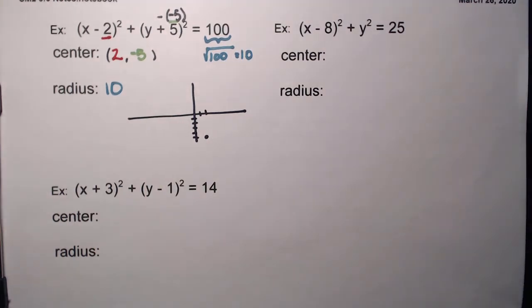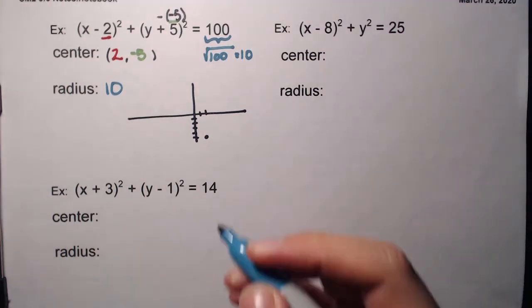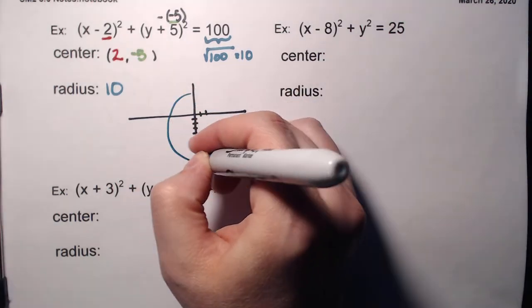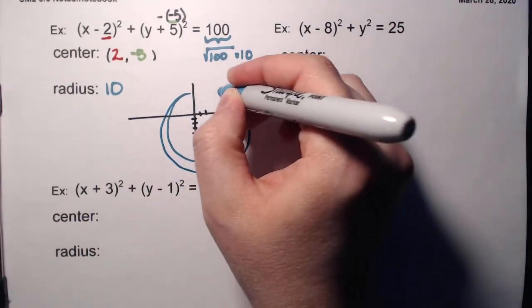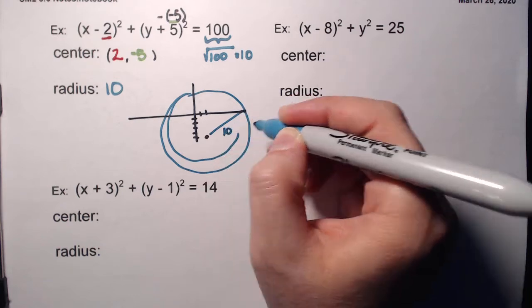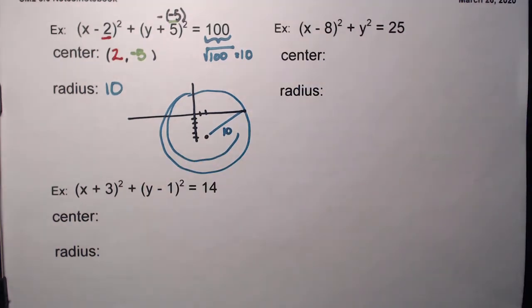Okay, and then it's going to have a radius of 10. So I would have a distance, that was a really bad circle, of 10 in that direction. So that's kind of what the circle would look like.